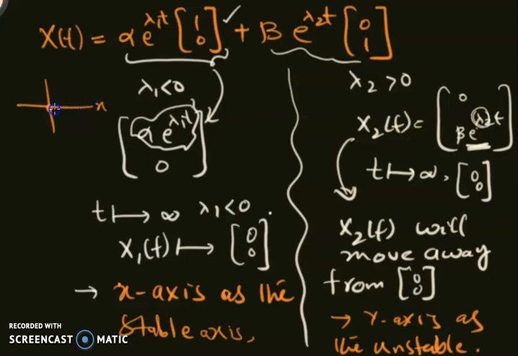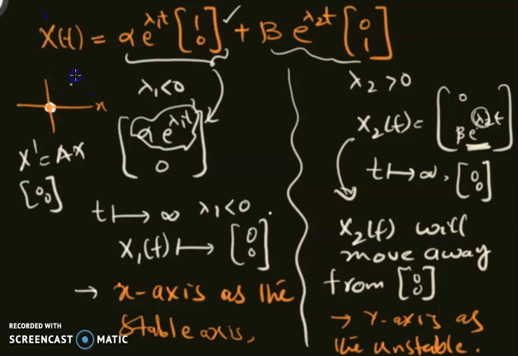Our 0, 0 was a fixed point, because x prime was Ax, and we know that 0, 0 is its equilibrium solution. So along the x-axis the trajectories are moving towards it, and along the y-axis they are moving away from 0, 0.